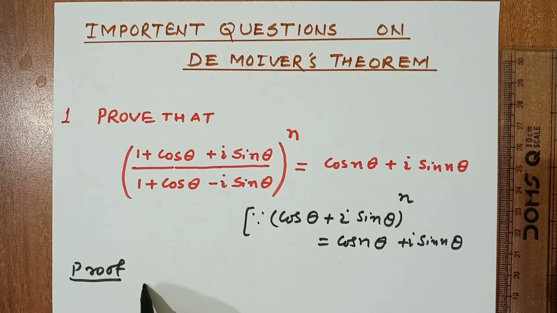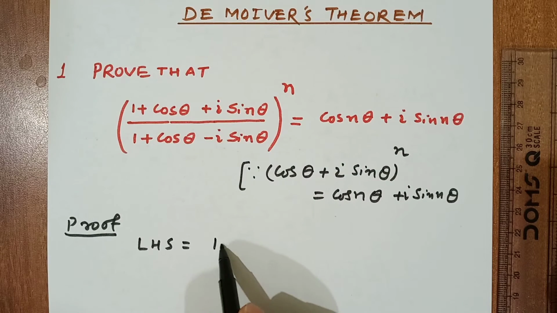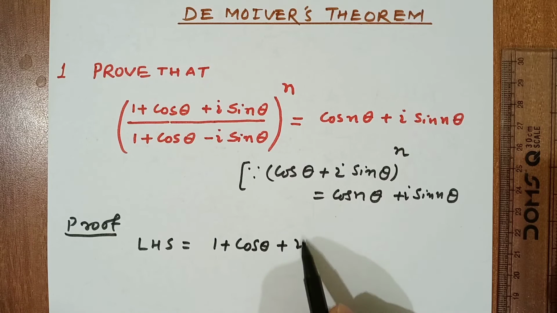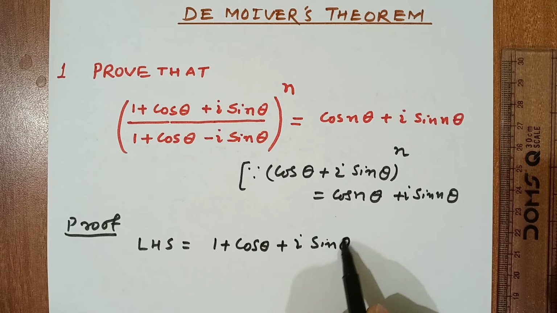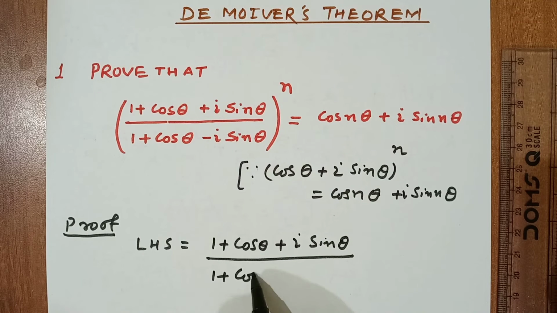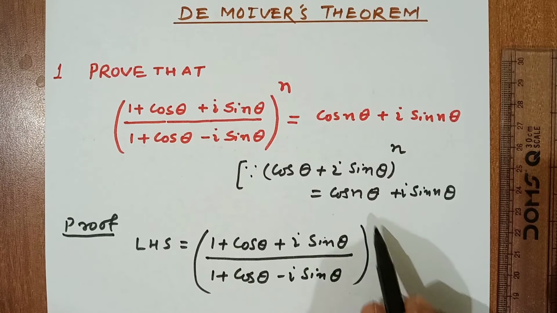Left hand side is equal to (1 plus cos theta plus i sin theta) upon (1 plus cos theta minus i sin theta), whole to the power n.